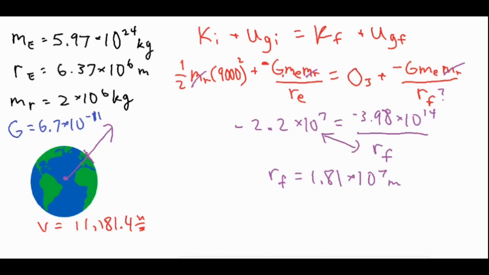Okay, that is the distance from the center of the Earth to the particular height that it's reaching. So if you want to find the actual height from the surface of the Earth, all you do is take this minus the radius of the Earth, which is the 6.37 times 10 to the 6th, and then you would get 1.17 times 10 to the 7th meters.